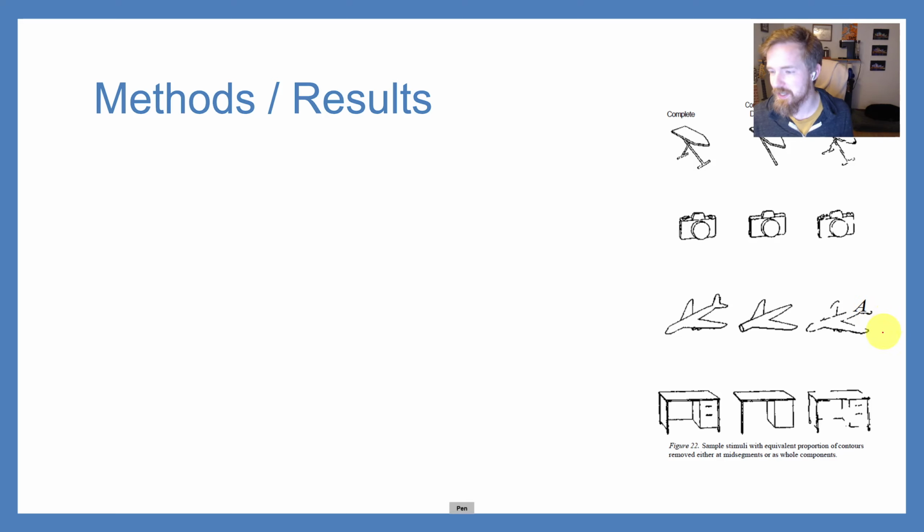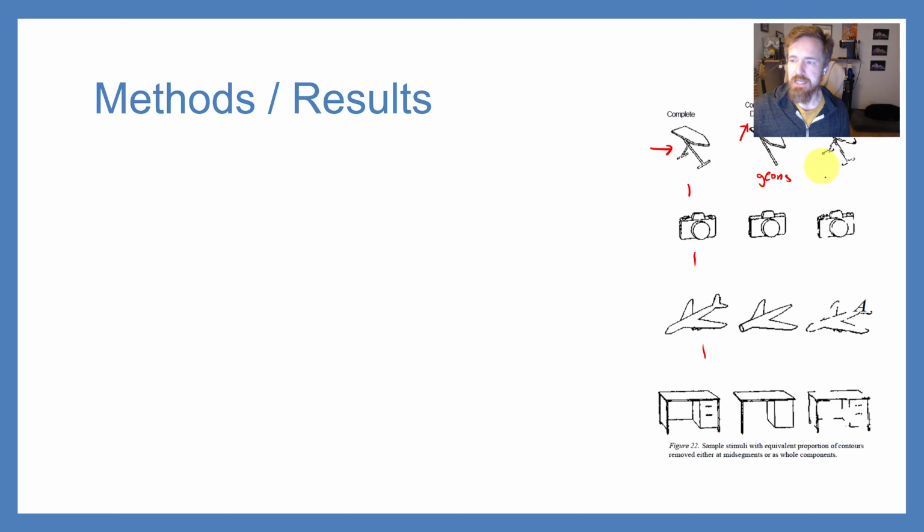I think it's because the PDF that I was using, I selected recognize text, and it thought that was text. Anyways, thanks computers. Basically, he had three different conditions where you had the entire image. That's the complete condition. Then they had where components were deleted out of it, where you can think of this as some of the geons are removed.